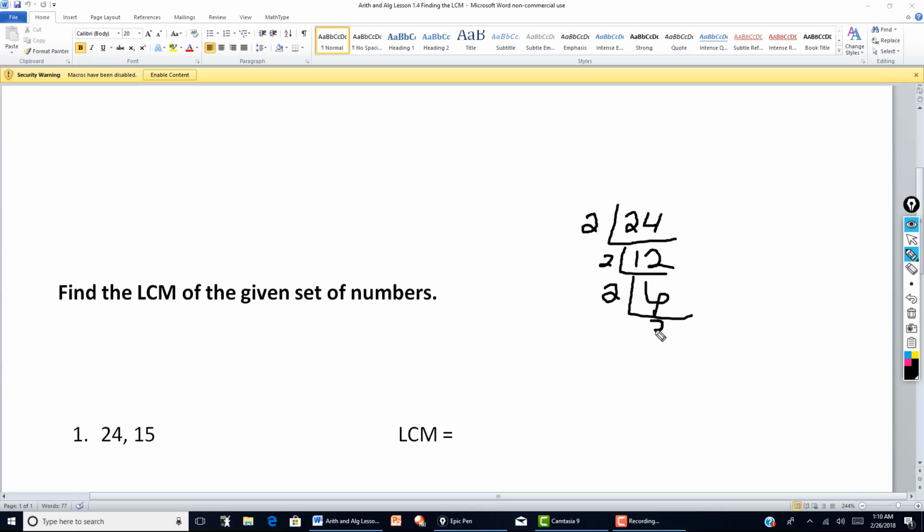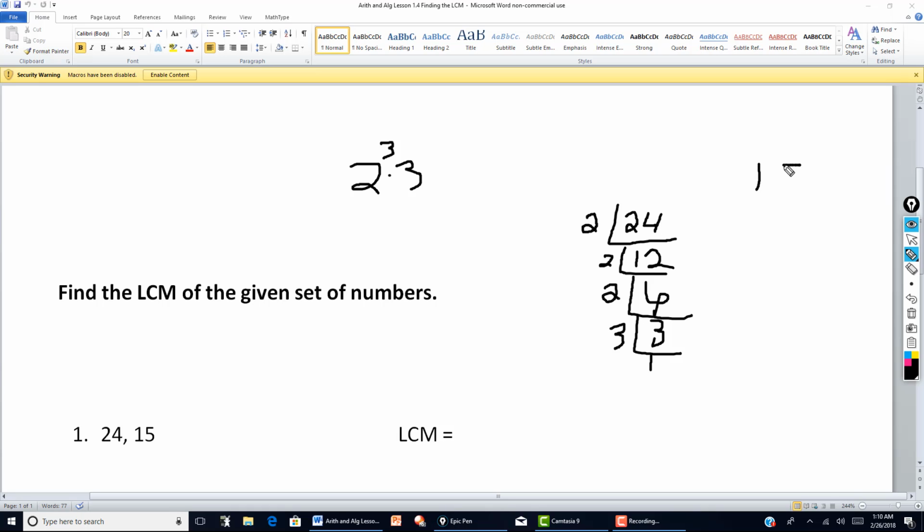And this gives me 3, and the smallest prime that goes into 3, 3 being a prime, is 3. So basically, 24 is going to prime factor into 2 times 2 times 2, 3 factors of 2, or 2 to the third, and then times the 3.